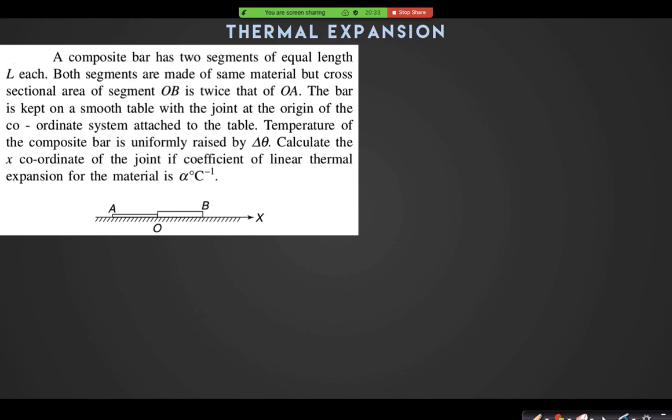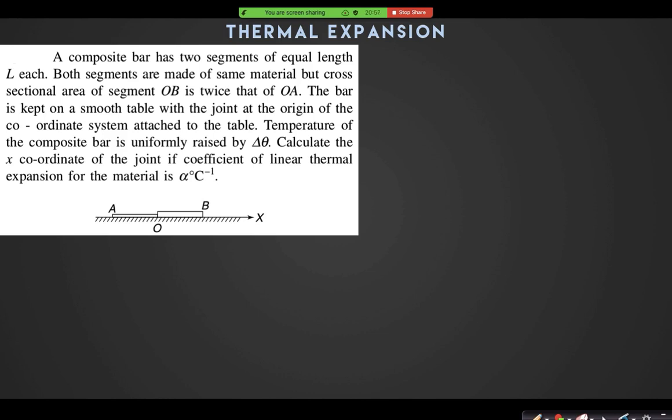The temperature of the system is uniformly raised by delta theta. What is the x coordinate of the joint if the linear thermal expansion is alpha? So no hindrance is there, nothing is fixed, nothing is supported. It is only kept on a floor.